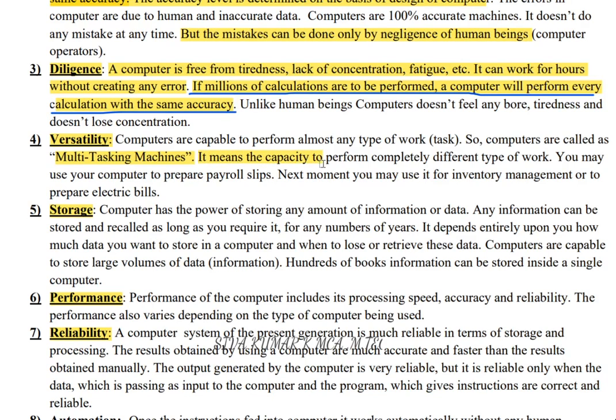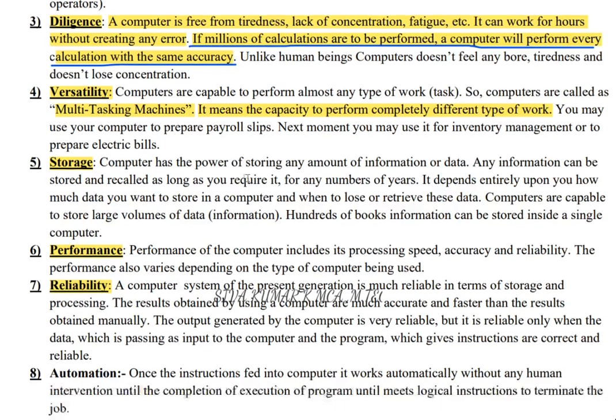It means the capacity to perform completely different types of work. For example, preparing payroll slips, inventory management, or preparing electricity bills. These are only three examples I have given here.